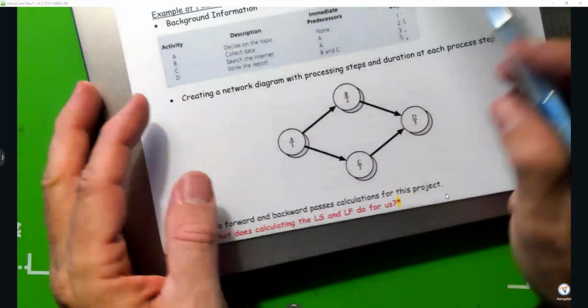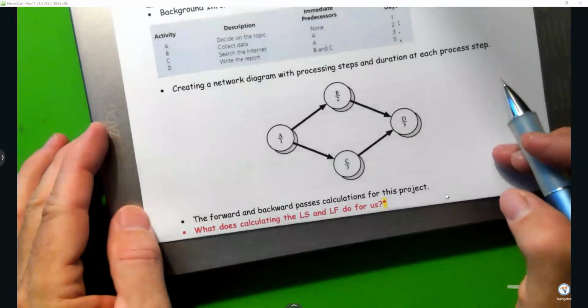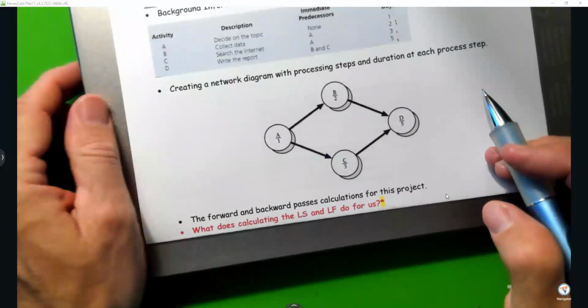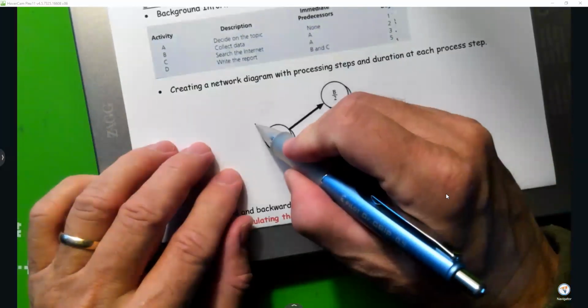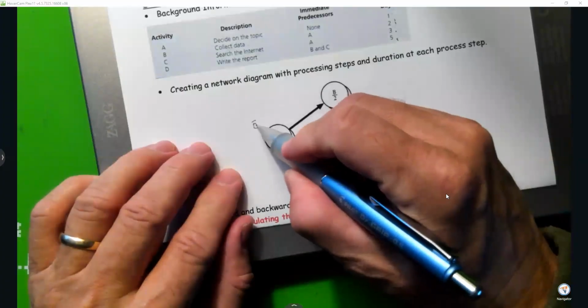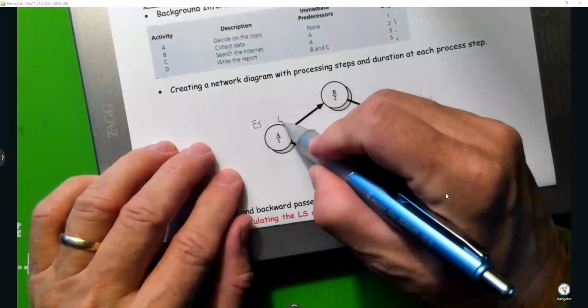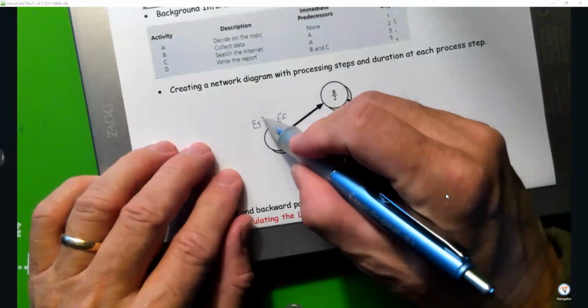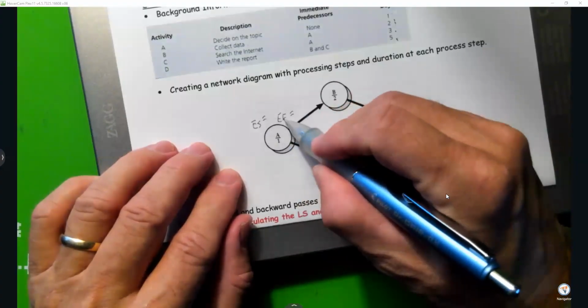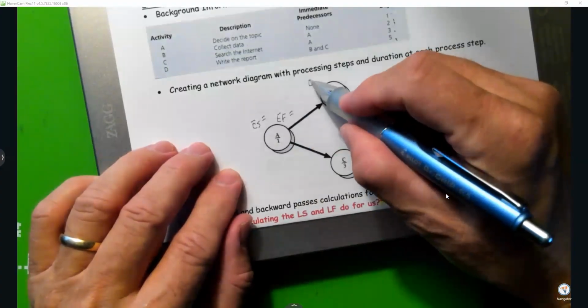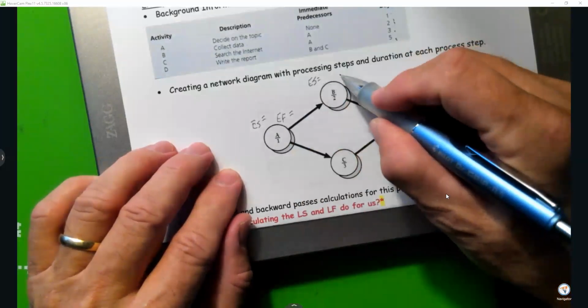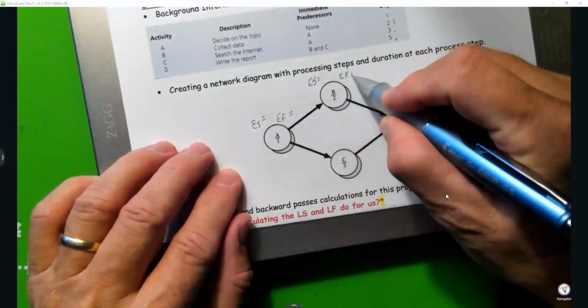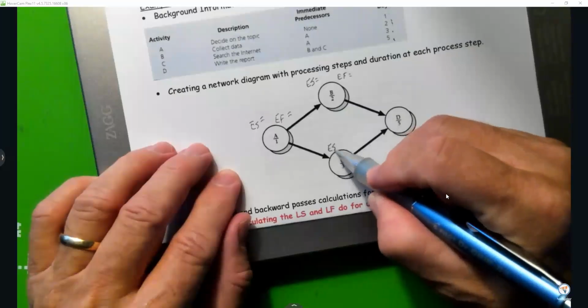So what we do, and I'm going to do it this way to begin with, and then we start to take kind of more of a shortcut. So this is always the format. Okay, I'm just putting these in here ahead of time.